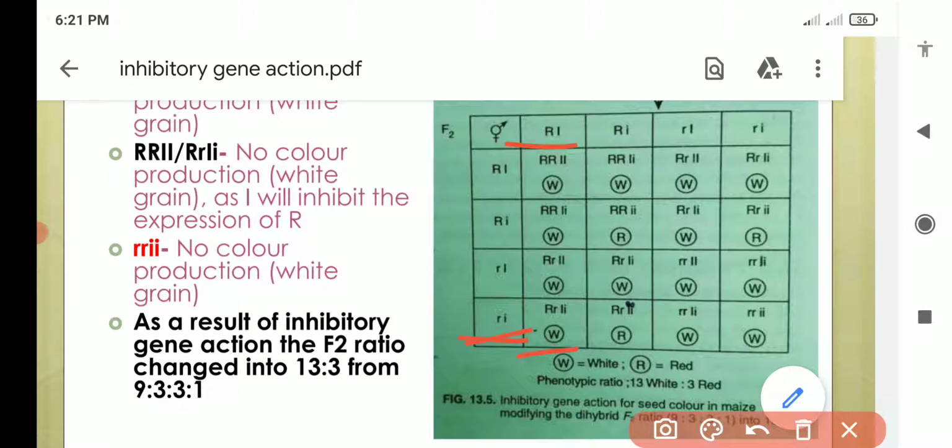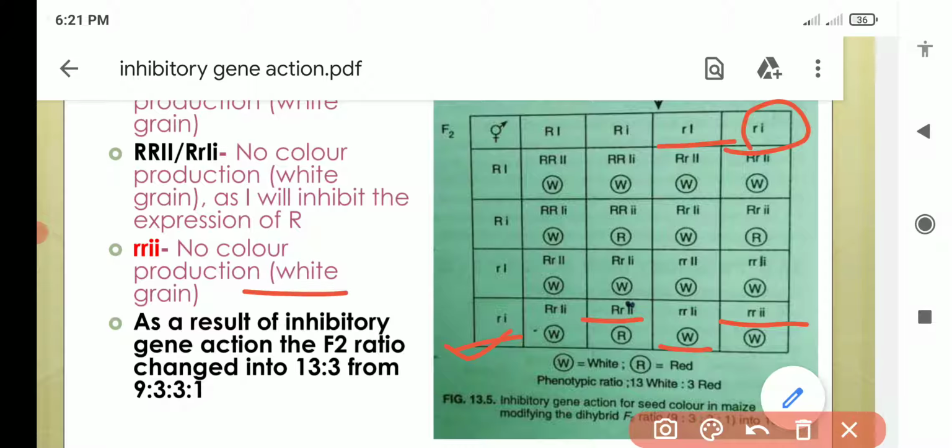When this crosses with the second gamete, again red color will be produced because now capital R is present with small i. When this gamete crosses with this gamete, again white color will be produced. And when this crosses with this, now small r, small i, meaning the recessive alleles of both genes, are present together.